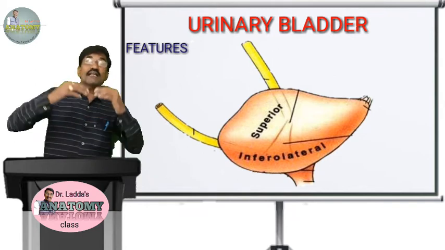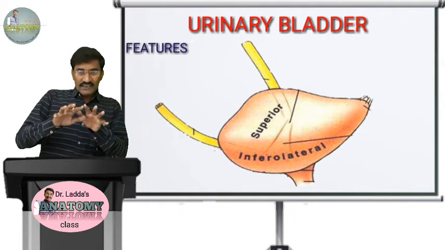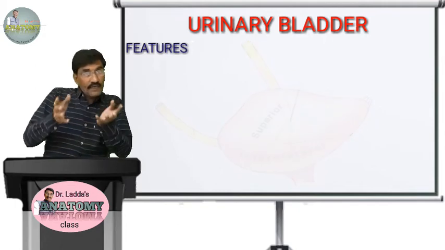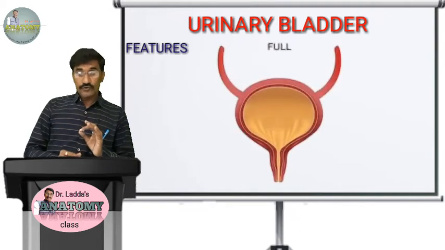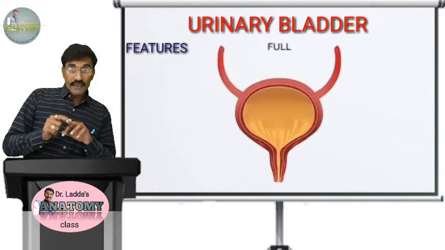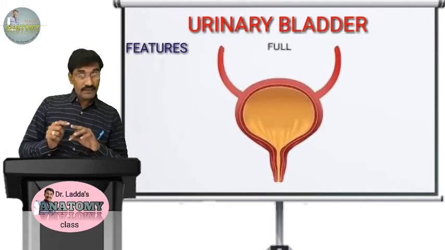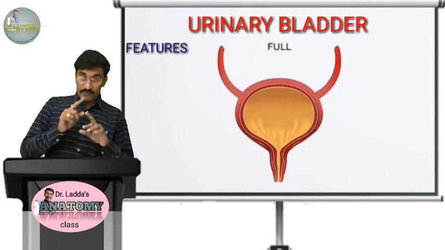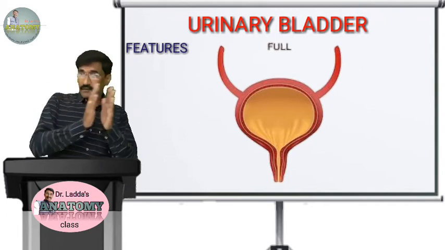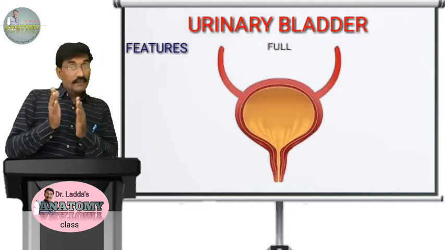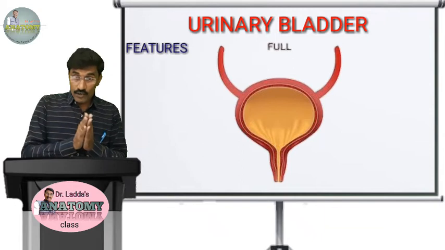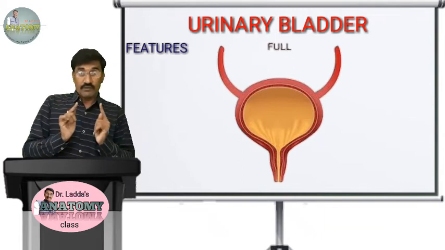Now, if the bladder gets full, all its dimensions and shape change. The full bladder shows an apex, a neck, and two surfaces. This means in the full bladder we do not have the base, and we do not have the borders.